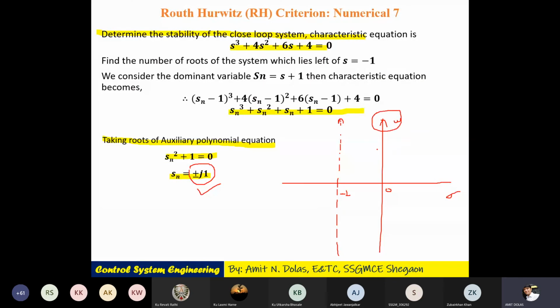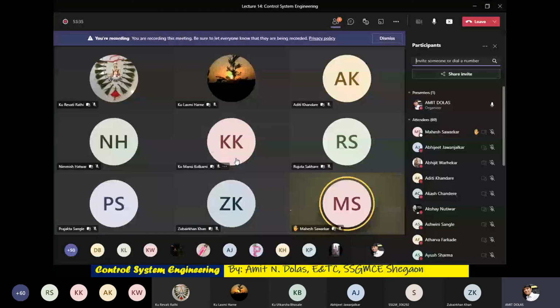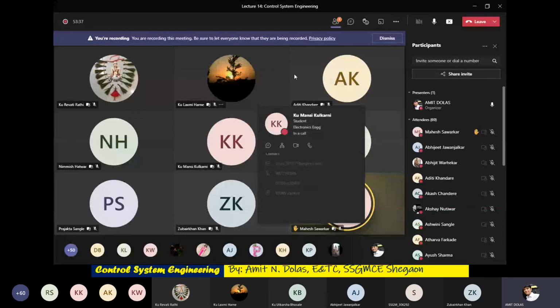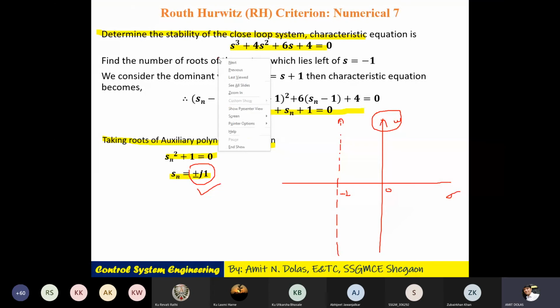That is the sigma 0 line. Raise your hand. Mahesh, you are saying it is at sigma 0. Jagruti. Any other? Only two people. Okay, so I am telling you, Mahesh, Jagruti, your answer is wrong.